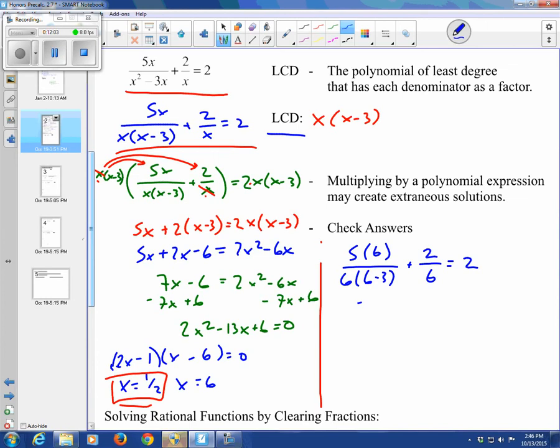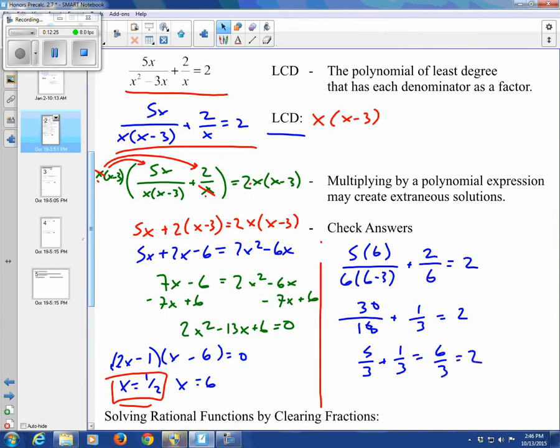So this is going to be 30 over, and then 6 minus 3 is going to be 3, times 6 would give us 18. Oops, 18 is a little weird there, that's okay. And then we've got 1/3 equals 2. Now I can reduce that to 5/3 plus 1/3, which would equal 6/3, which does equal 2. So this is actually a solution as well, right?